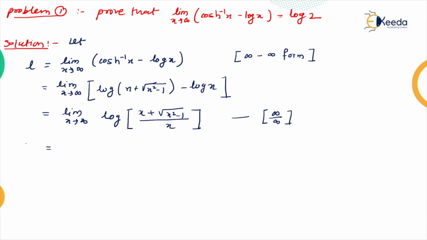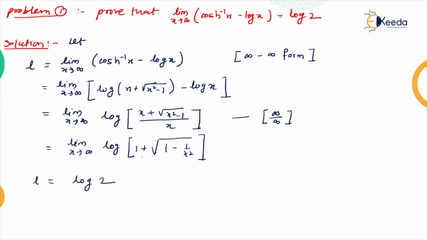Therefore, we take the limit as x tends to infinity. Separating the denominator, this can be written as log of 1 plus square root of 1 minus 1 upon x squared. Now it is no longer 0 by 0 or infinity by infinity form, so we operate the limit directly. Your answer is log of 2, because 1 plus the square root, which also gives 1, so the total is log of 1 plus 1, which is log 2.